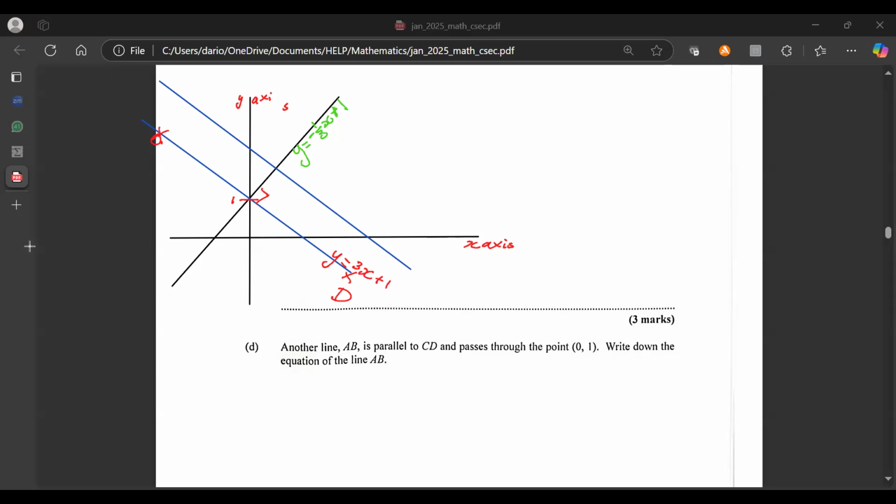To find the equation of a line, I'm sorry, we need to find two things. What are the two things, Jenny?